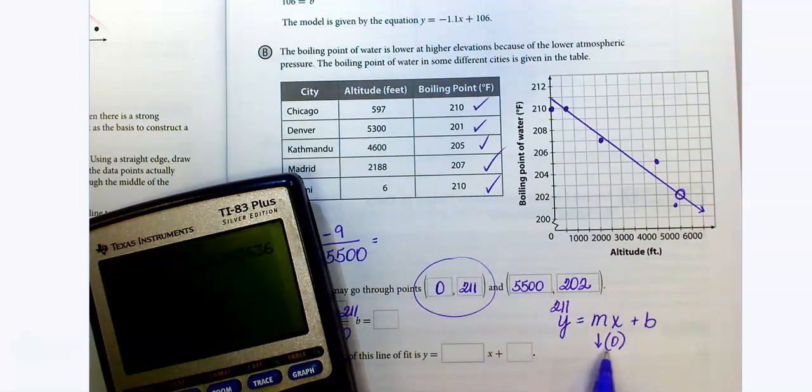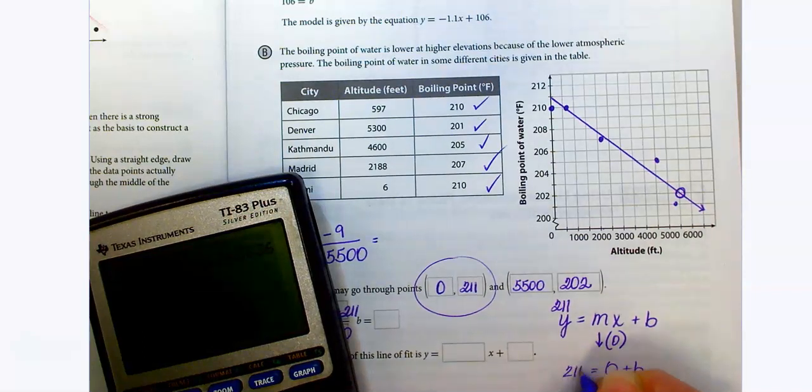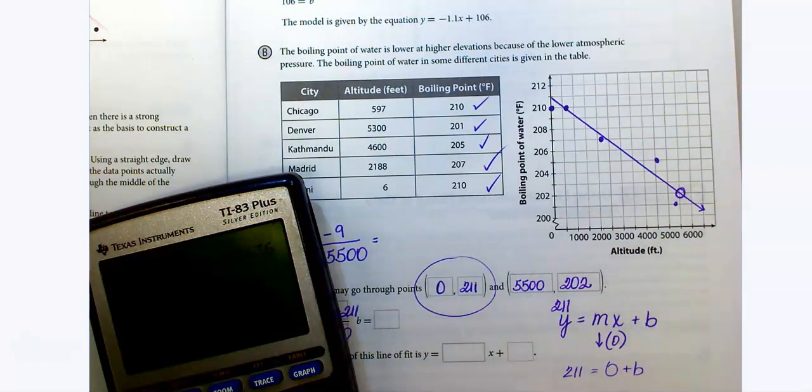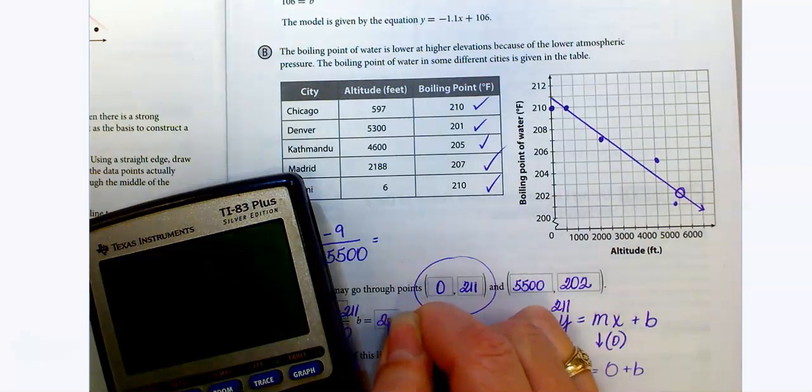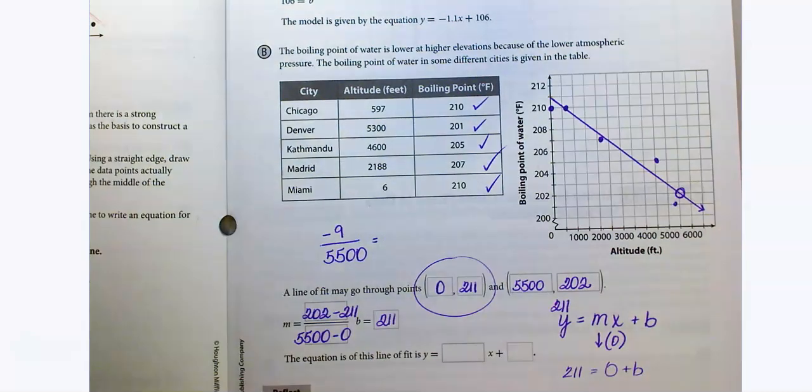211. Well, that works out. So yucky number times 0 is just 0. And 0 plus b is going to be 211. So my y-intercept is basically 211. Okay, so the equation is y equals, what was that number?